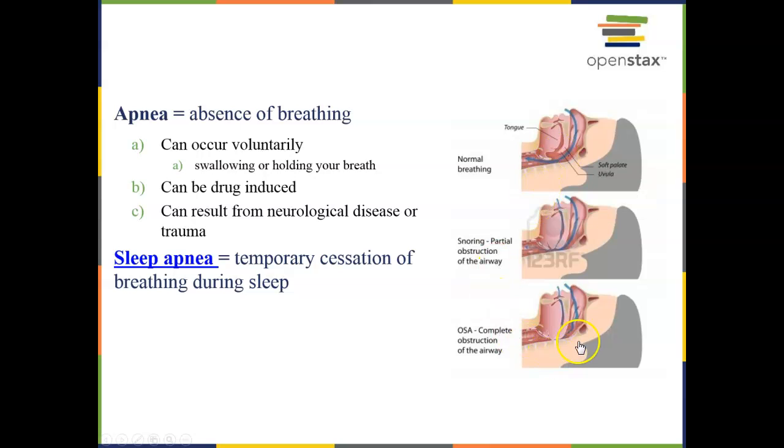Everything relaxes, and it can actually block your breathing passageway. And that leads you to have these periods where you're not breathing, and then all of a sudden you will start breathing again. Often associated with a very loud snort.